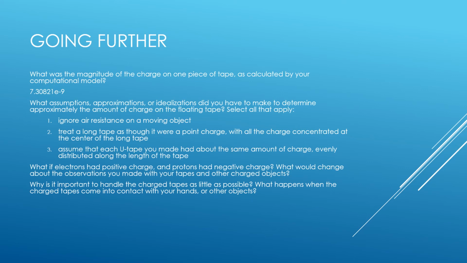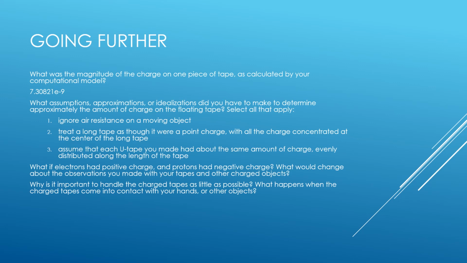So to wrap it up, these are the questions that were posed in the lab, and I found that the magnitude of the charge on one piece of tape was 7.30821 times 10 to the negative 9 coulombs, which was the same that I had found by myself. Some assumptions that I made to be able to do this were actually all 3 of these.